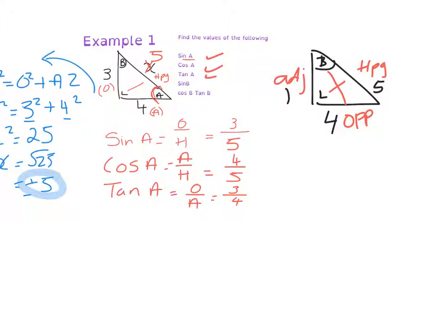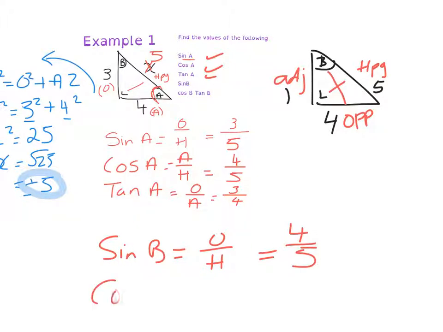So when I'm looking for sine B, it is still going to be opposite over hypotenuse, but now because it's this angle I'm looking for, my opposite is 4, and my hypotenuse is 5. So it's not the same as the top one.